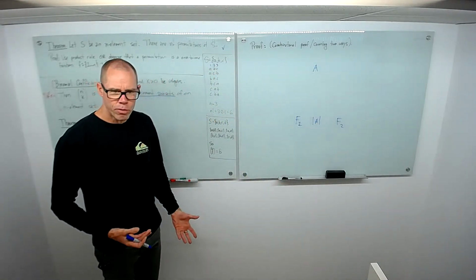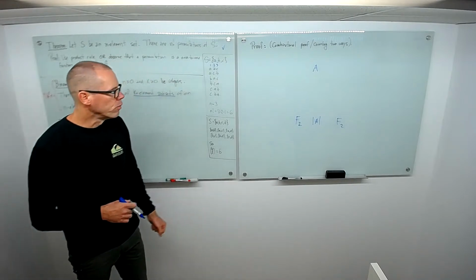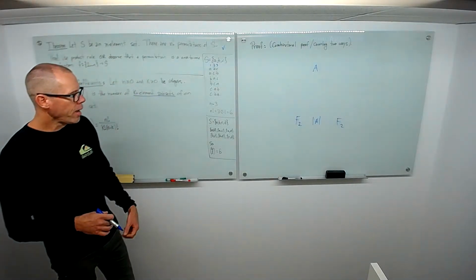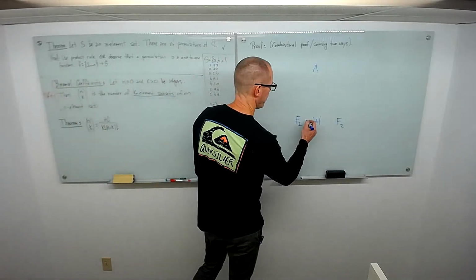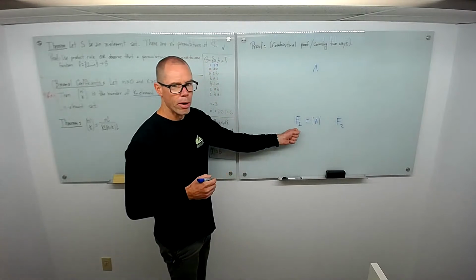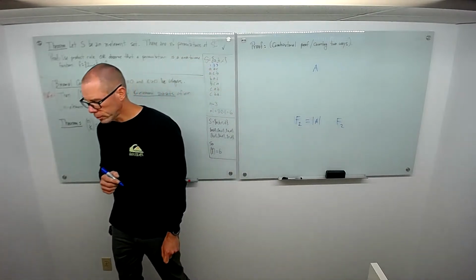We use whatever rules we have. Often the product rule comes into it. And using that argument, we'll show that the size of A is equal to F1. Okay.